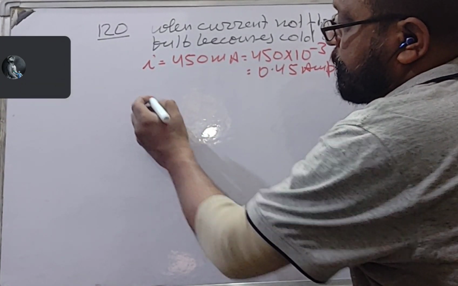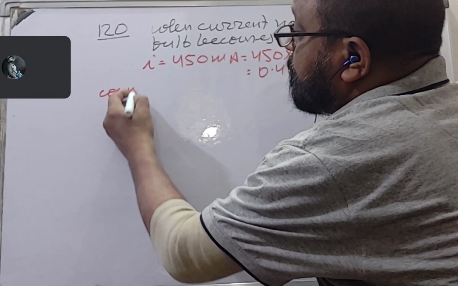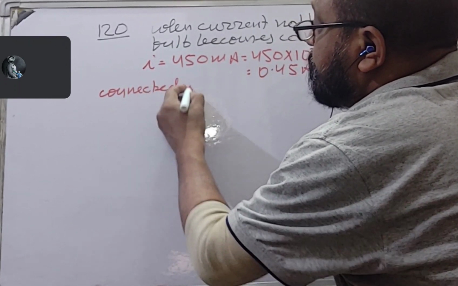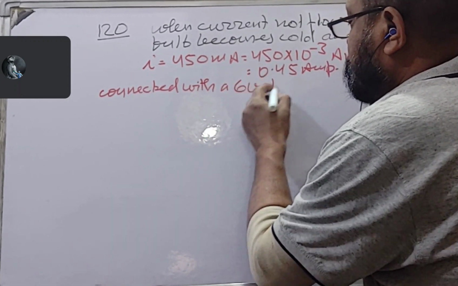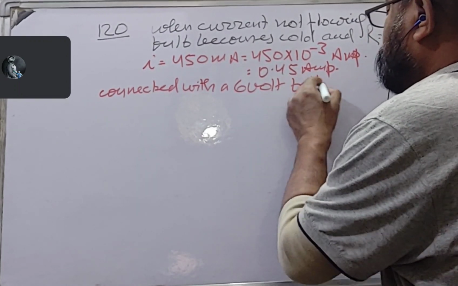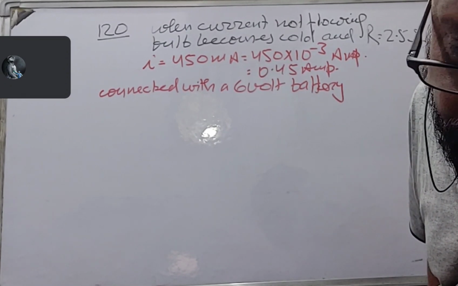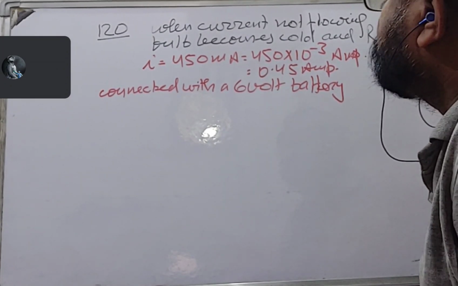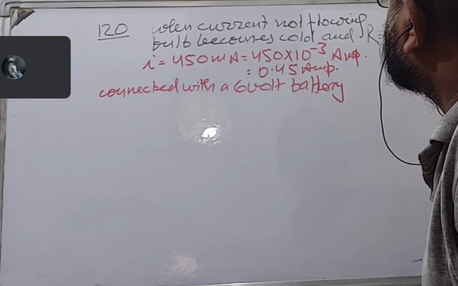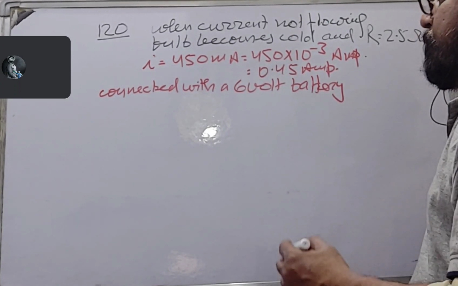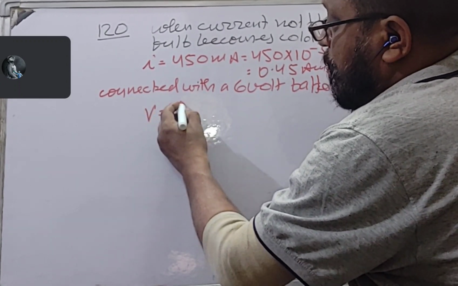And now connected with a 6-volt battery, then you know V is equal to IR.